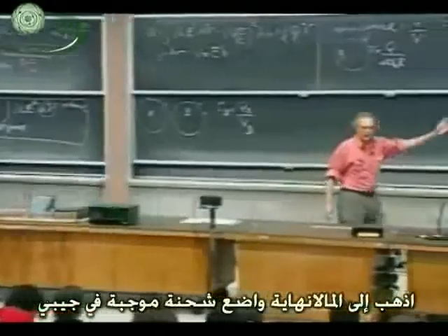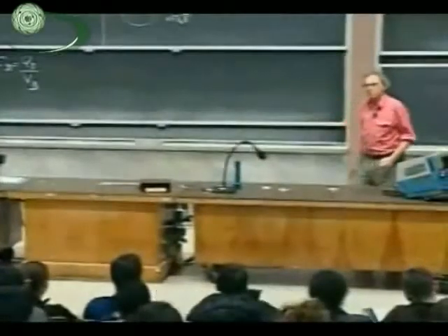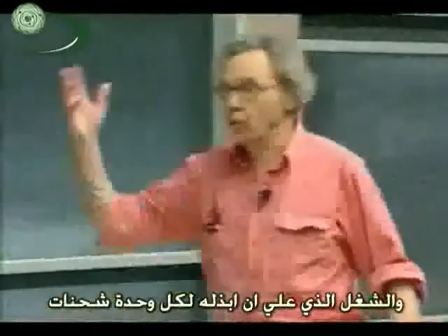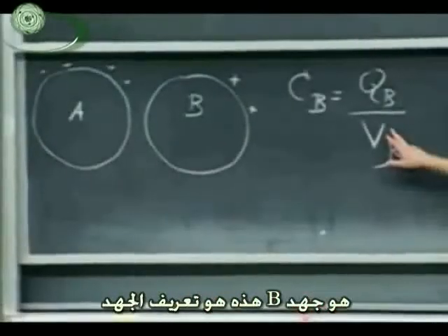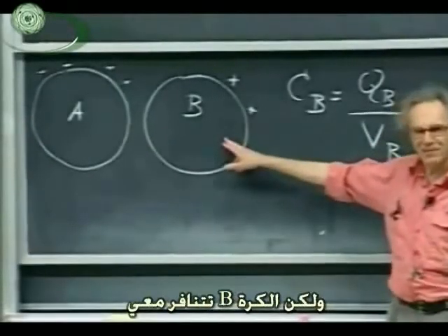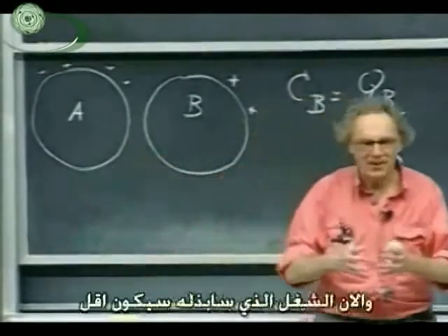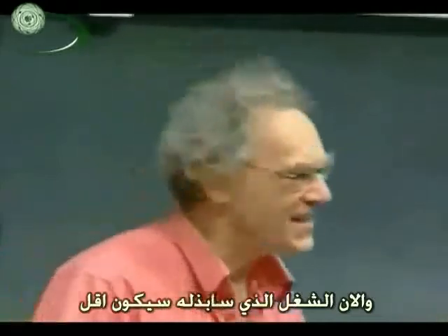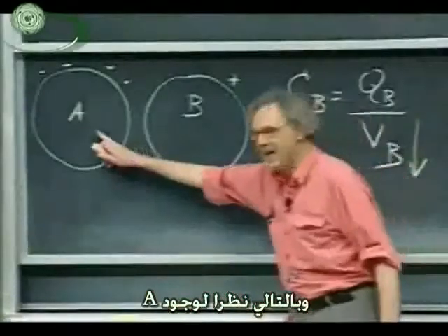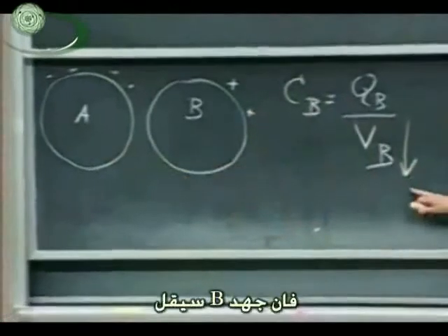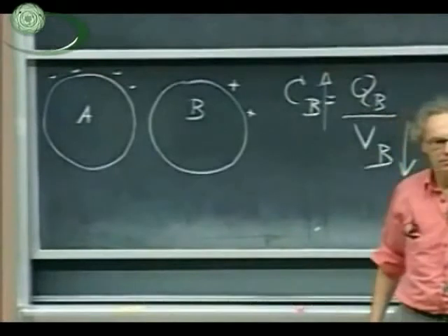Potential was work per unit charge. I go to infinity, I put plus Q in my pocket, I approach B, and the work I have to do per unit charge is the potential of B. That's the definition of potential. But B is repelling me, so I have to do positive work. But A is now attracting me. And so the work I have to do is less, the work per unit charge. And so, because of the presence of A, the potential of B goes down, and therefore the capacitance of B goes up.